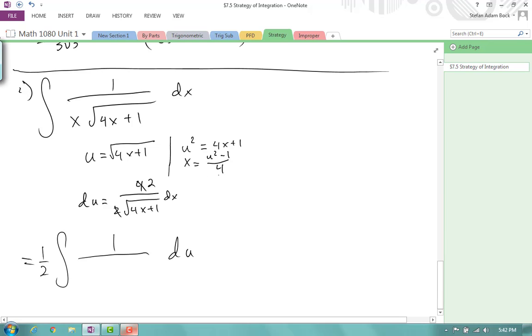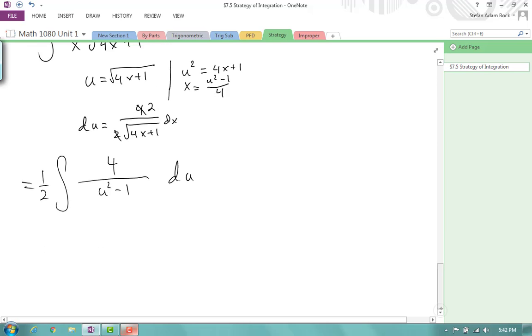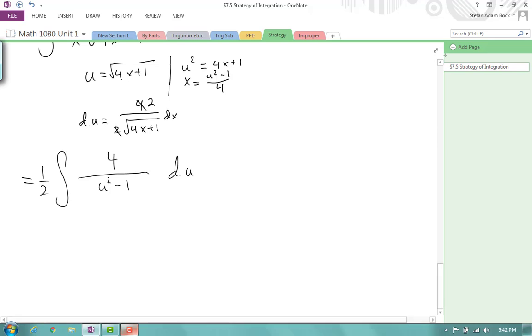But x is equal to (u squared minus 1) over 4. So this is u squared minus 1 divided by 4, so I'll put the 4 up there. So I've turned this weird looking square root thing with a nice u substitution, where I didn't even use the u directly at all, and I got a nice partial fraction decomposition problem.